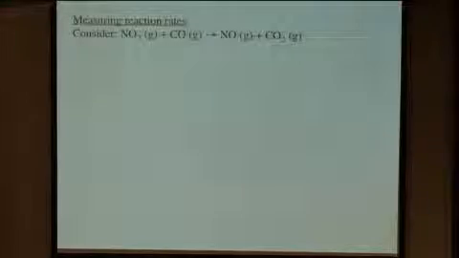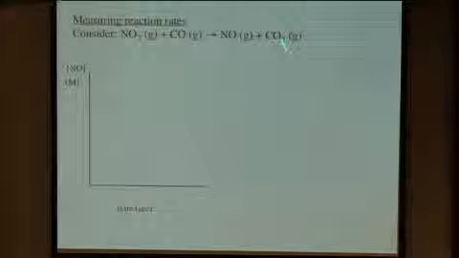So now chemistry is an experimental science, and so a lot of kinetics is involved with measuring the rates of reactions. So let's talk about how one might measure the rate of a reaction. So here's a particular reaction. We have NO2 plus carbon monoxide going to NO plus carbon dioxide, and one could measure the rate of decrease of the reactants or the amount of increase of the products.